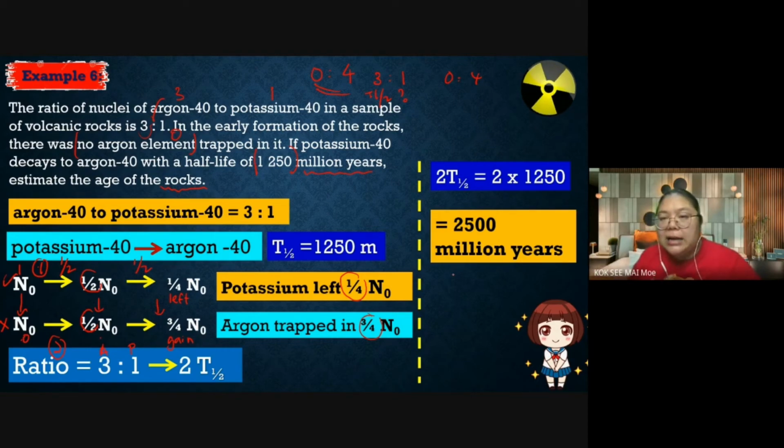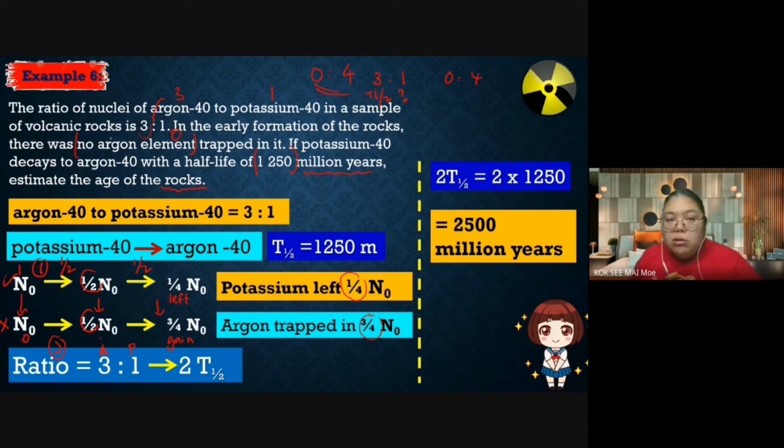Then you make the argon get 3 parts from the potassium. It's just like the rock earlier: when starting it had uranium, then after many decays it is left with only lead, Pb, and from the years of decay they find the age.